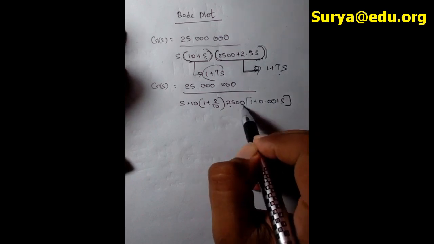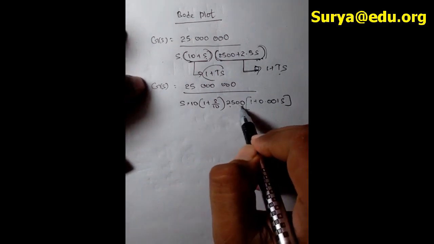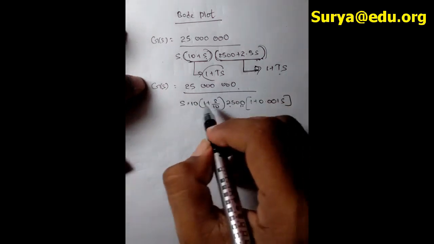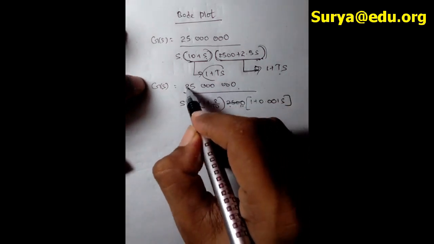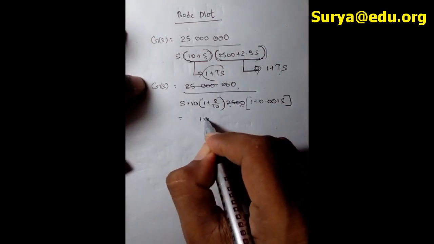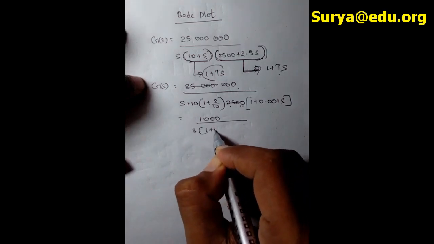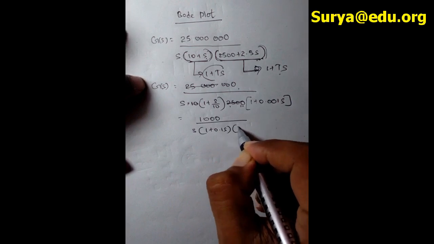Now here we have 2500 times 10, which means 25,000 in the denominator, and here also 25 million. So we can cancel this 25,000 against this 25,000, and then we will have 1000 divided by s times (1 plus 0.1s) times (1 plus 0.001s).